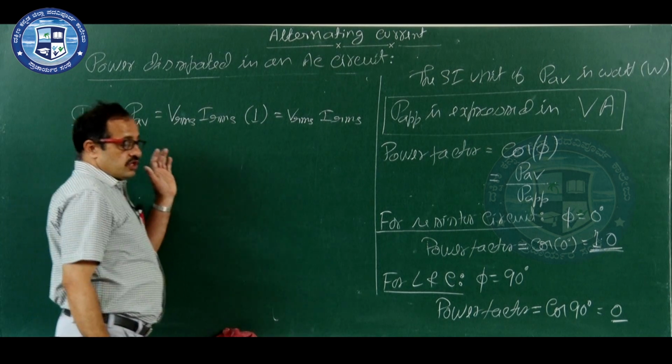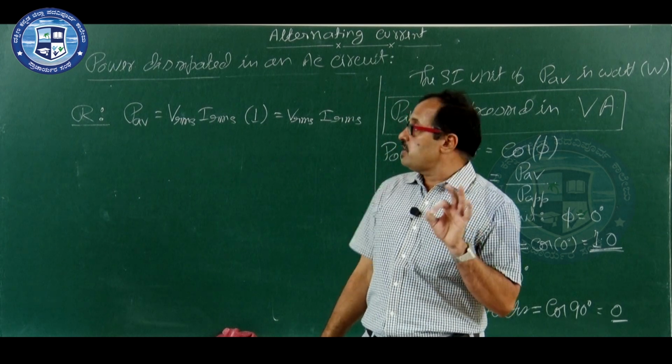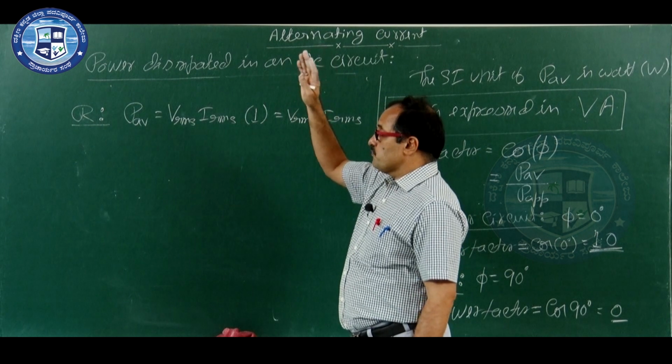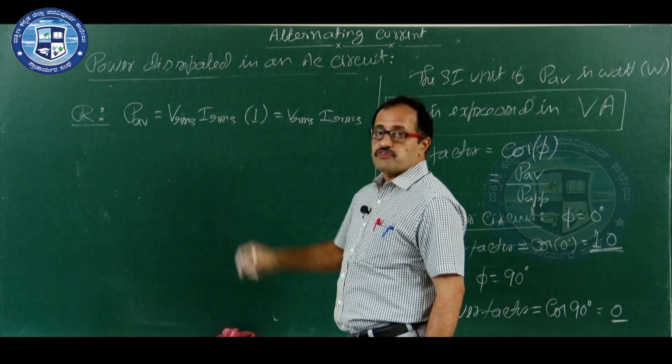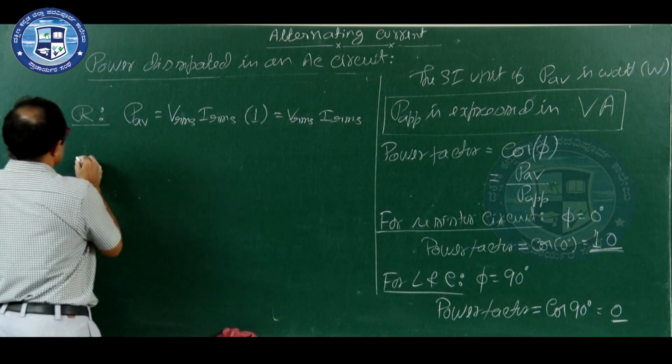Therefore, if it is a resistor, it consumes energy both in DC and AC circuit. And already in the first discussion for power consumption, we got the same formula in the case of resistor circuit.